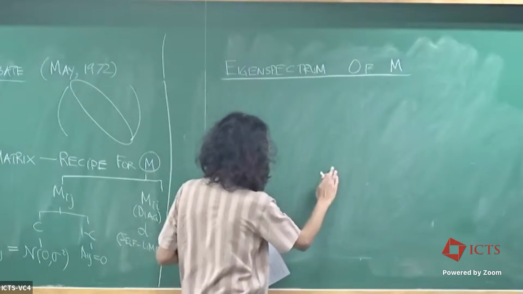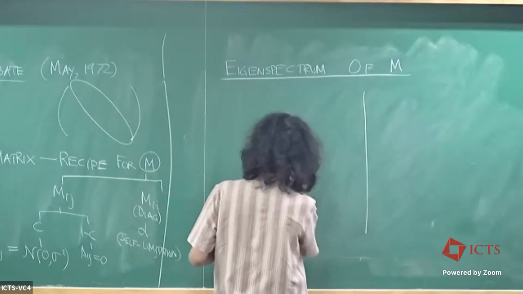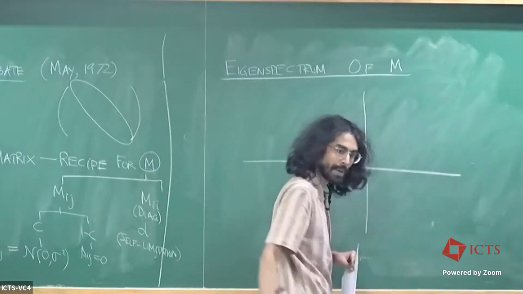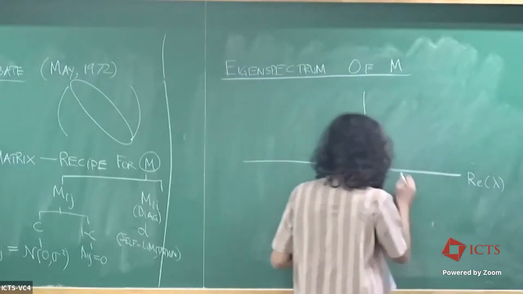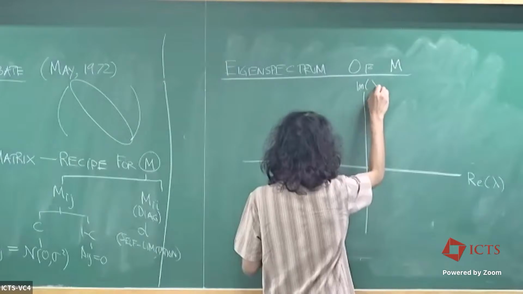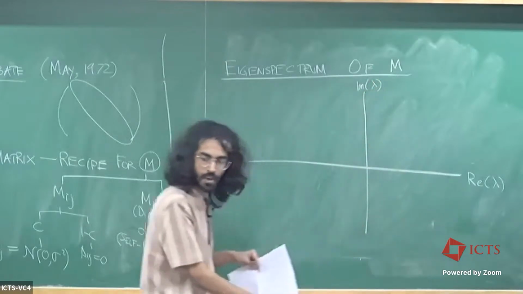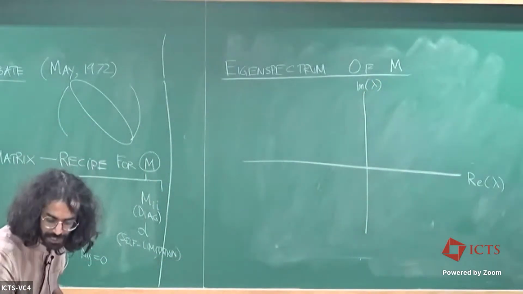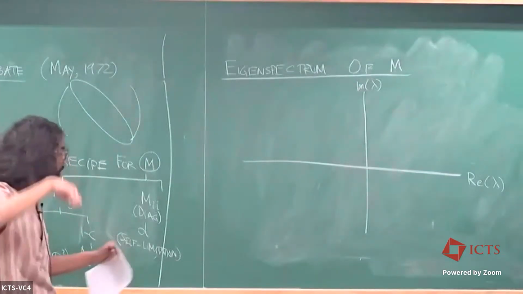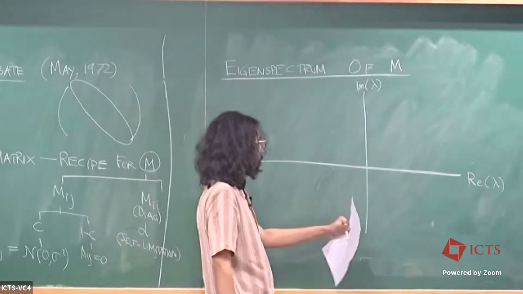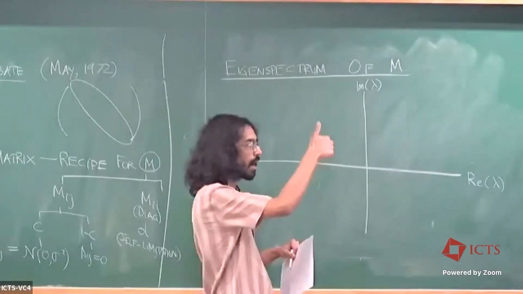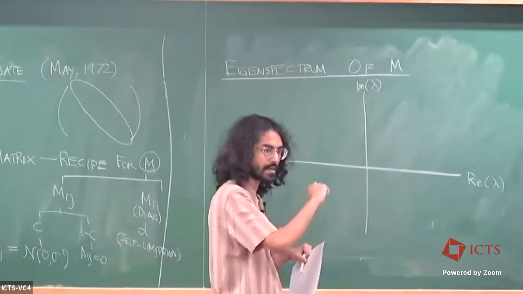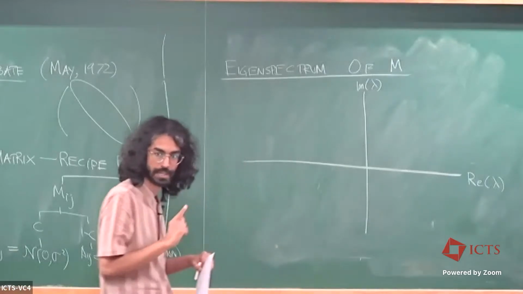Okay, and so since we're talking about eigenvalues, I'm going to draw the complex plane. So that's the real part of any eigenvalue. That's the imaginary part of any eigenvalue. Where do we want to be for things to be stable? Okay, let's vote. Do we want to be on the left, point up? You want to be on the right, point down for stability.